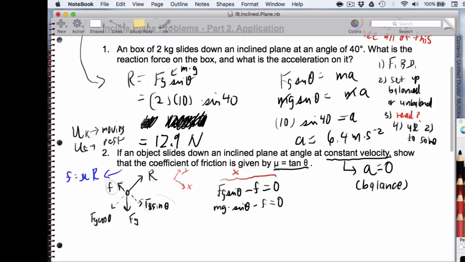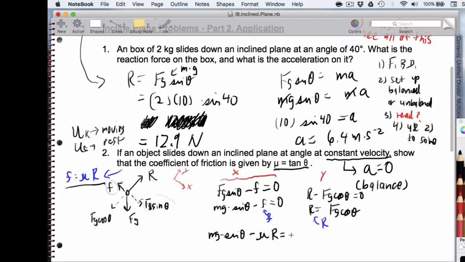So here, in the y direction, I end up getting R minus Fg cos theta equals 0. R equals Fg cos theta. Now, where does the friction part come in? Right here. This is R. This is the F. I can do a little substitution: mg times the sine of theta minus mu times the reaction force is 0.